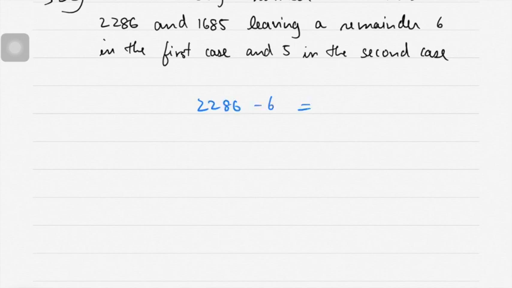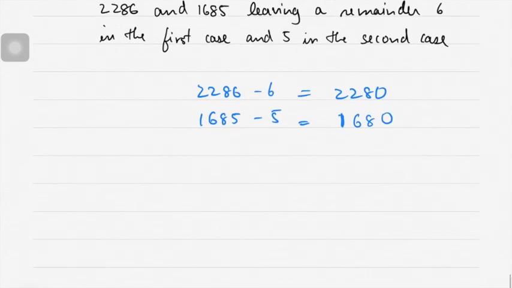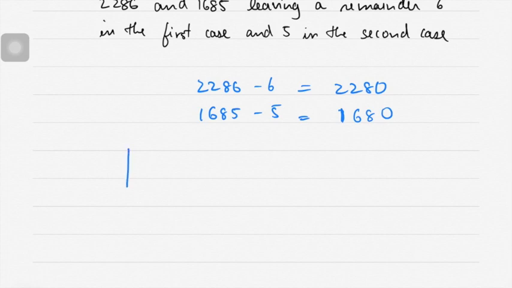That means what you are supposed to do? 2286 minus 6, which is 2280. It is the same as the previous sum. And 1685 minus 5, which will be 1680. So you have to find the HCF of 2280 and 1680. Let's find out.